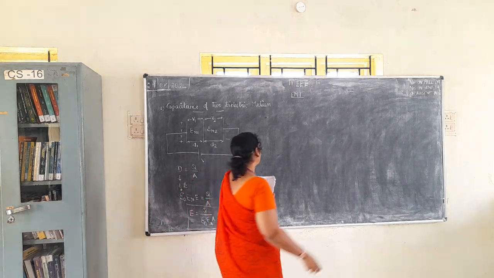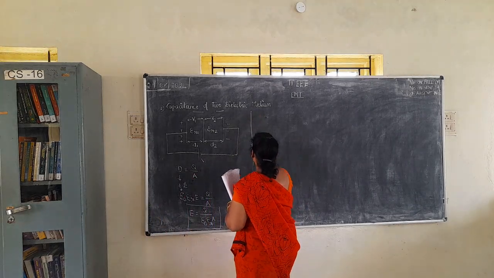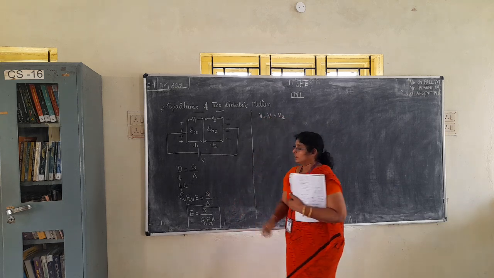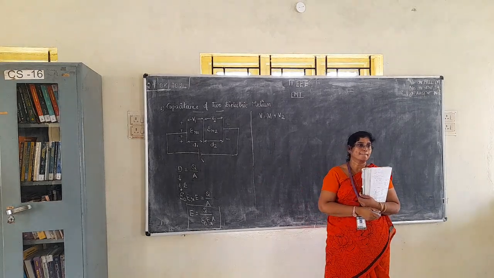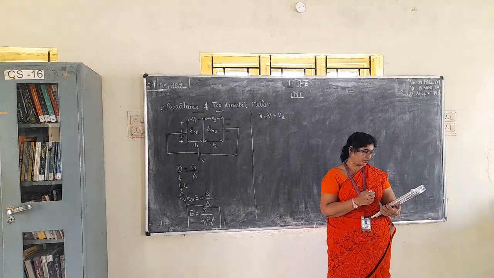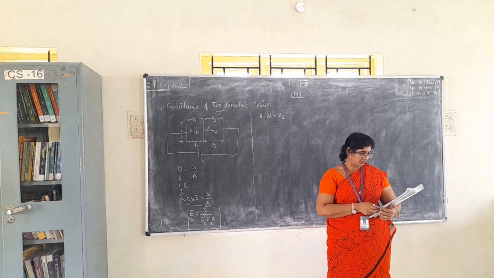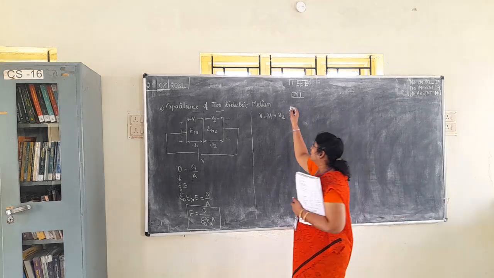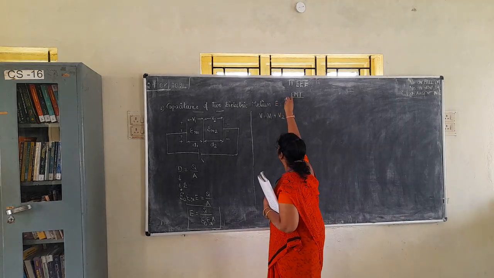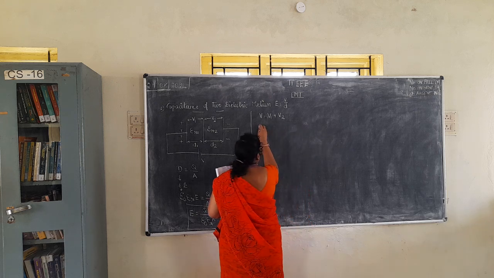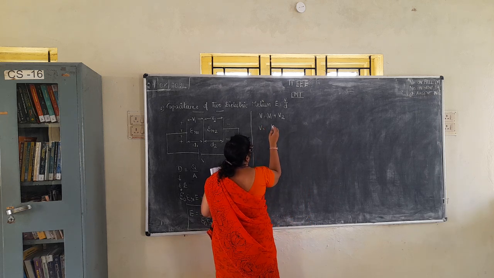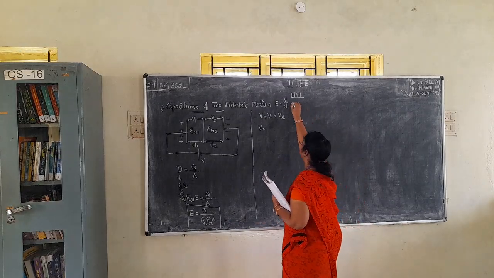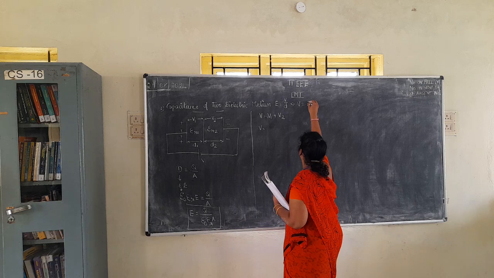For two dielectrics, from this diagram, the supply voltage V is equal to V1 plus V2. How to relate V and E? We know E is equal to V divided by d, therefore V is equal to E into d.